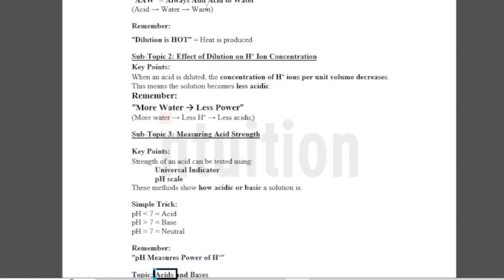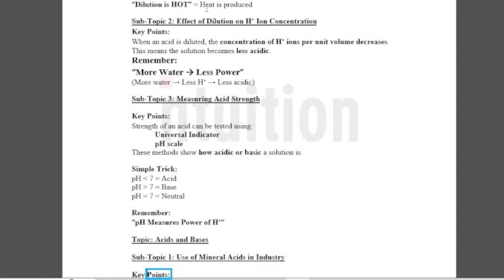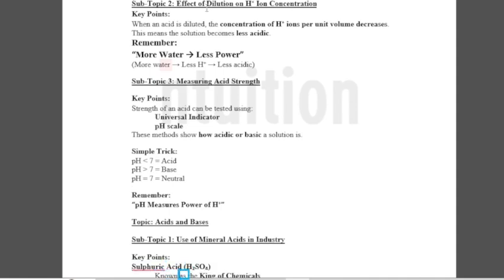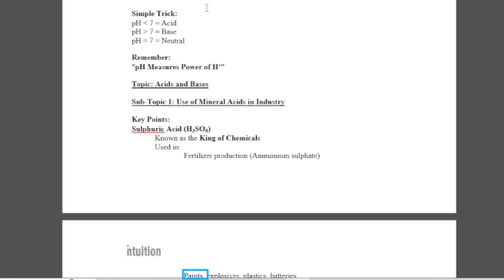Topic: acids and bases. Subtopic 1. Use of mineral acids in industry. Key points: sulfuric acid, H2SO4, known as the king of chemicals, is used in fertilizer production, ammonium sulfate, paints, explosives, plastics, batteries.